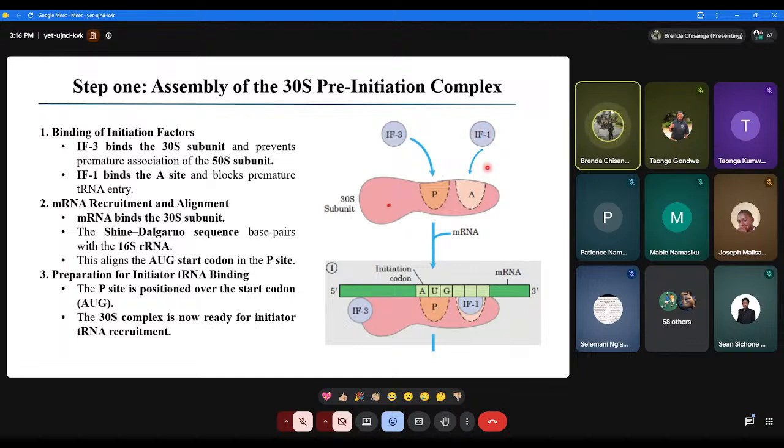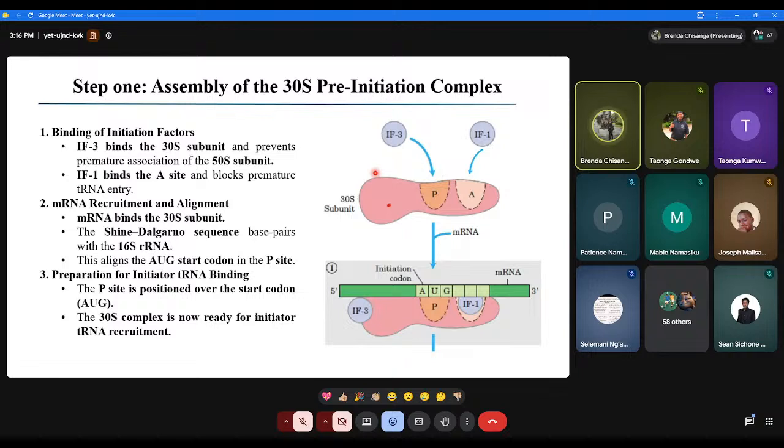And once IF1 is bound to this location, the A site is no longer free to associate with any other tRNA. Then IF3 comes in to bind to the small subunit, not in the P site like what is shown here, I think I should have moved it. It will bind elsewhere. The binding of IF3 ensures that the small subunit is stable and does not associate with the 50S subunit.